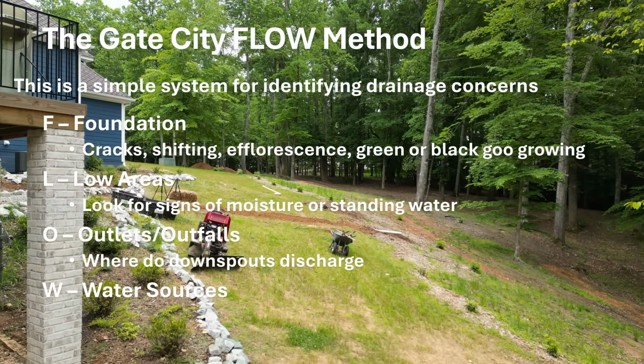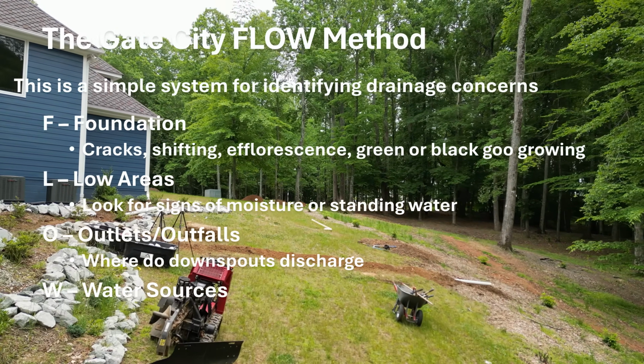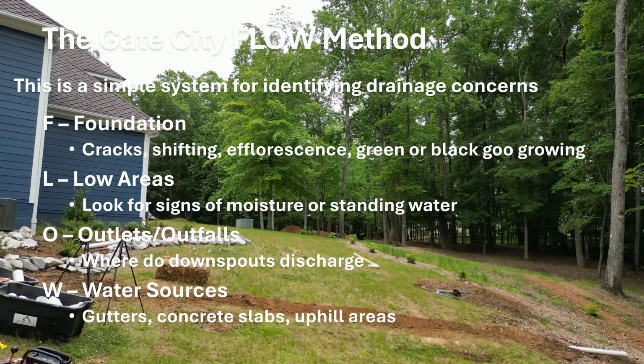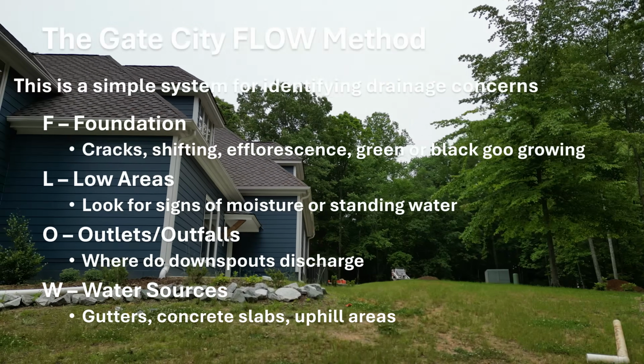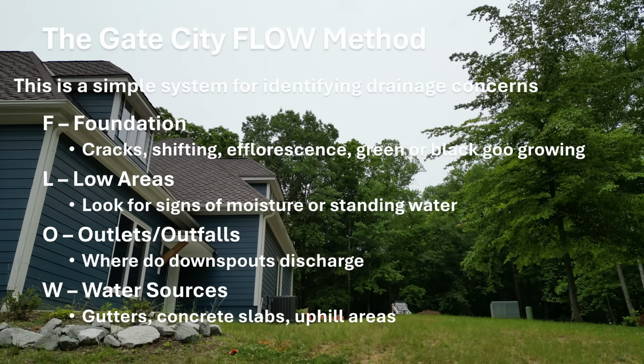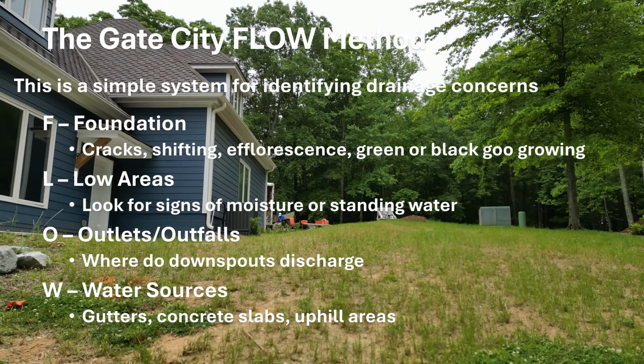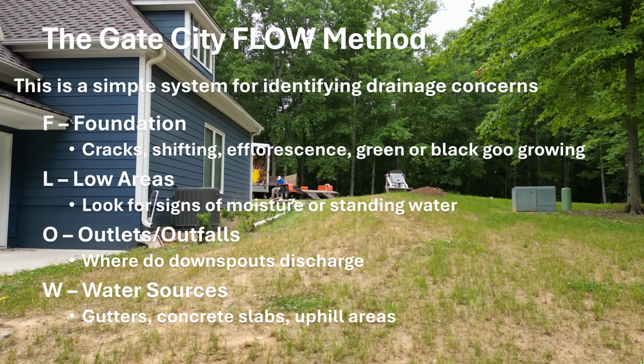The W in flow stands for water sources. So things like the gutters are collecting water. They're collecting a large amount of water off the roof, putting it in a downspout, and then we're concentrating it into wherever the downspout's discharging. Concrete slabs, we already looked at that.